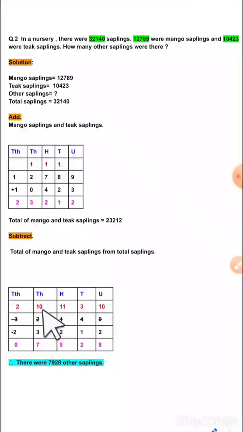This is now 10. 10 minus 3, 7, 2 minus 2, 0. So the answer is 7,928. Therefore there were 7,928 other saplings.